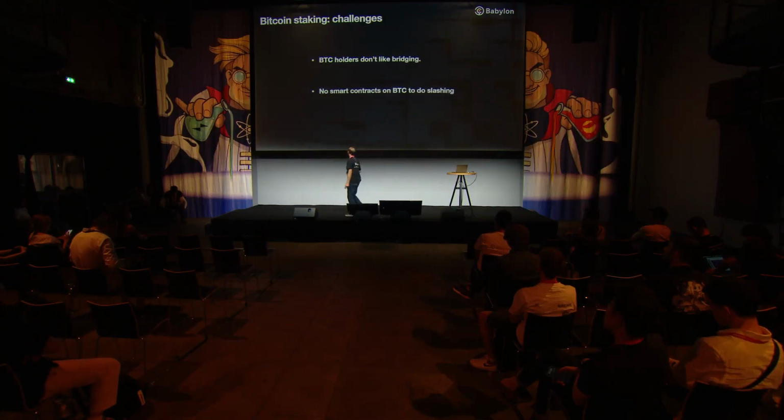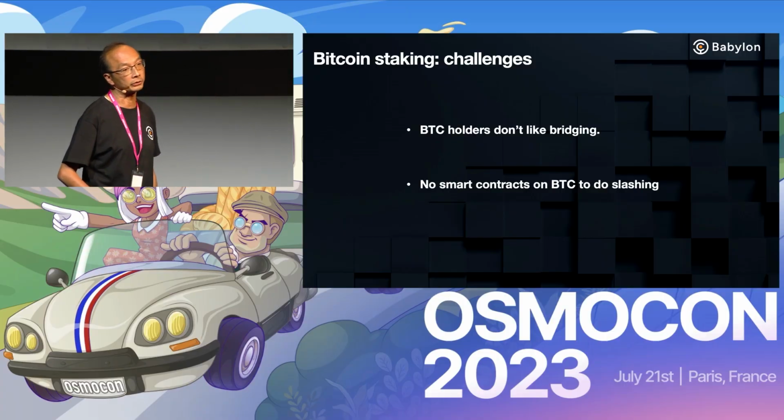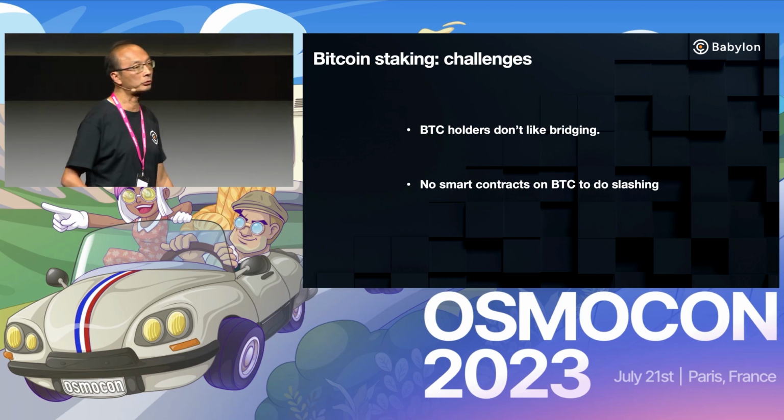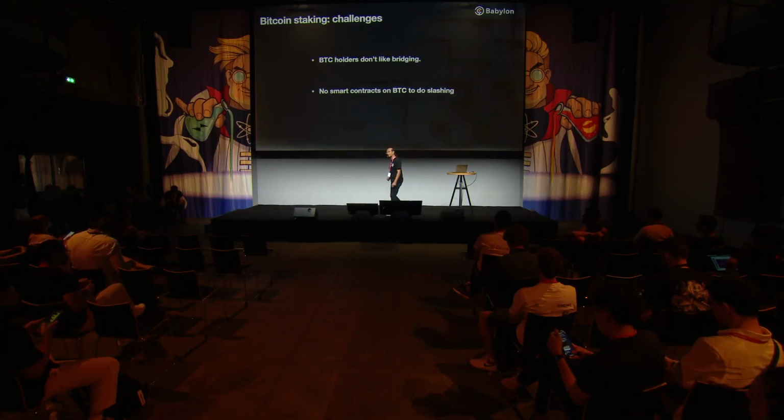Mesh security takes an IBC message containing evidence of the slashing event on the consumer chain, goes back to the provider chain, and then slashes on the provider chain using a smart contract like CosmWasm. Bitcoin has no smart contract, and therefore we cannot do the slashing using a smart contract. So these are the two technical challenges that we run up against when we try to convert this concept of BTC staking from vision to reality.